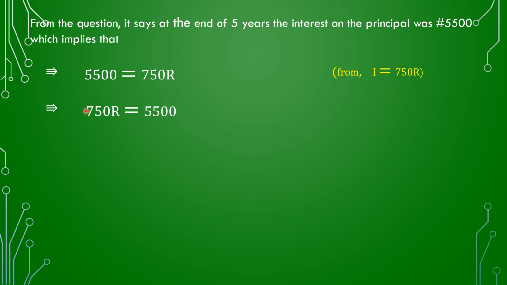Now, if you reverse it, it's still the same thing. You bring this to this side and take this to this side. This implies that 750 R is equal to 5,500.